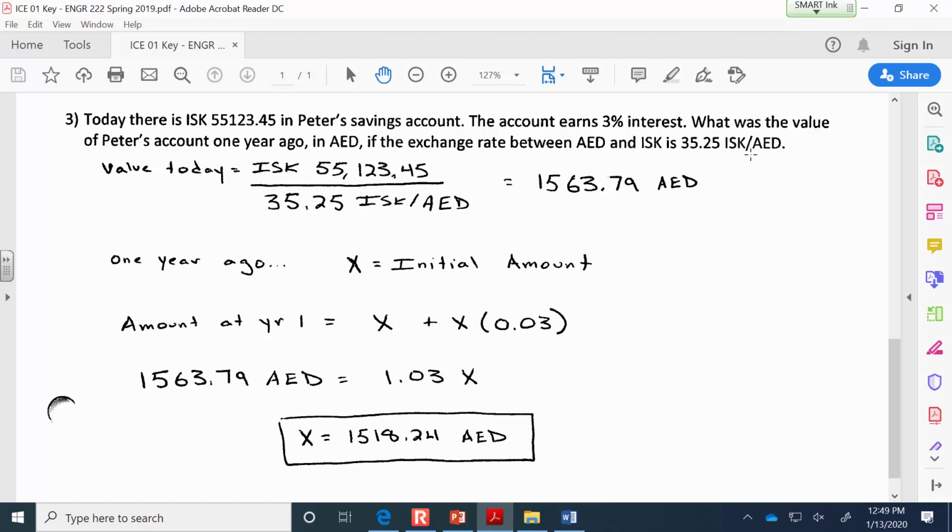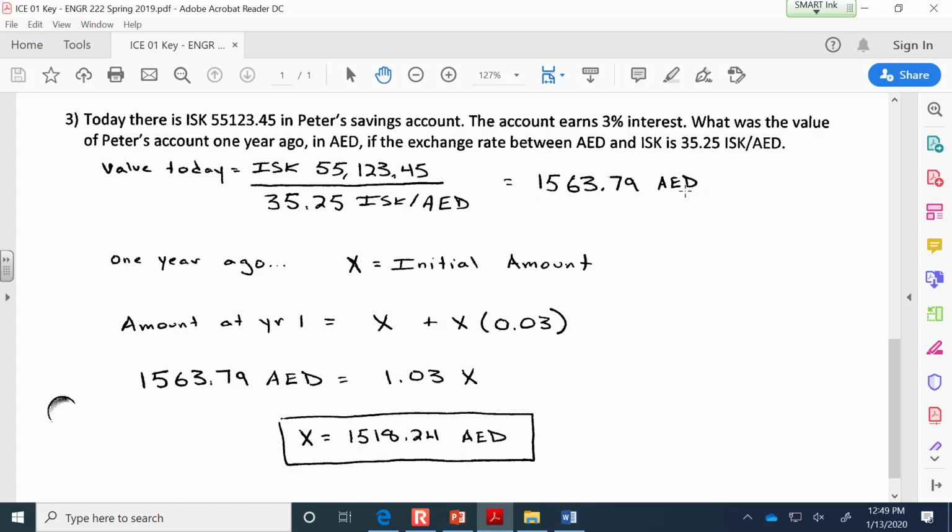Okay. So the first thing we have to do is find out, these krona that are in Peter's account, what's the equivalent value in dirhams? So we do the currency conversion and find out that today Peter has 1564 dirhams.